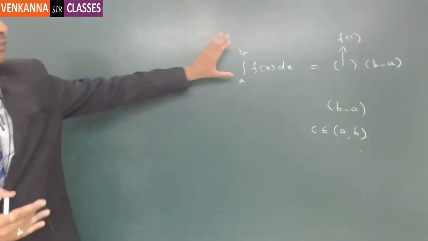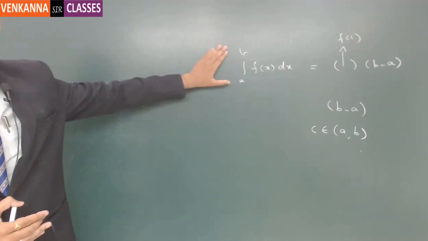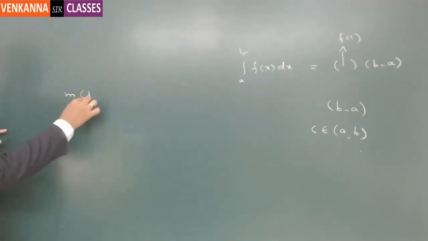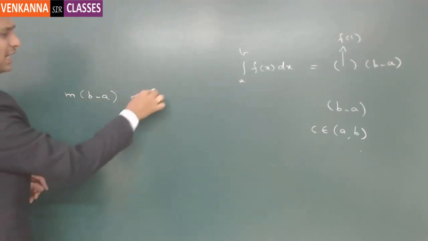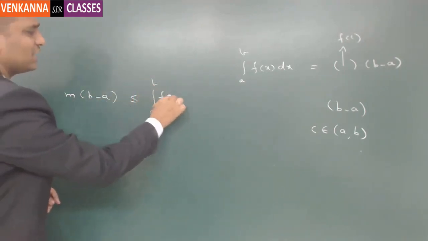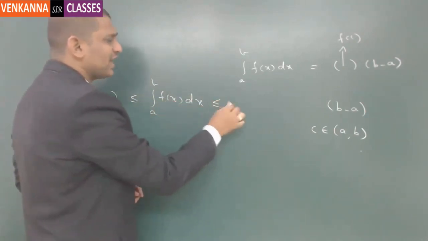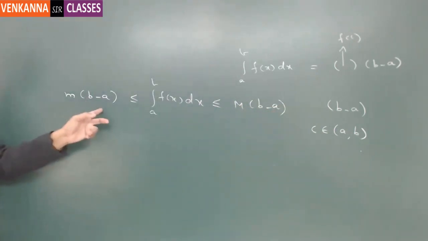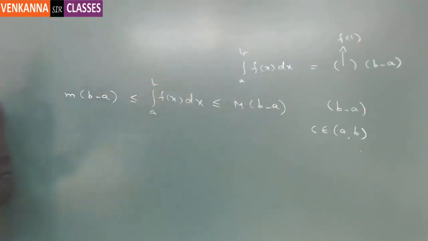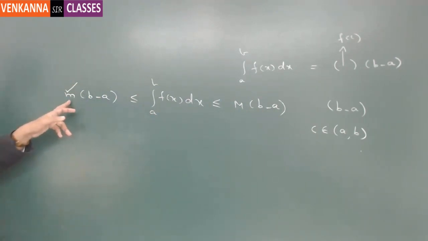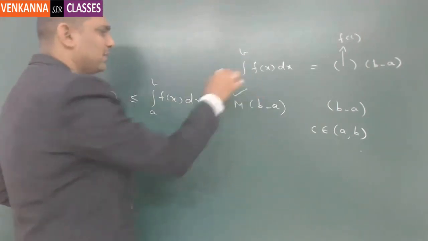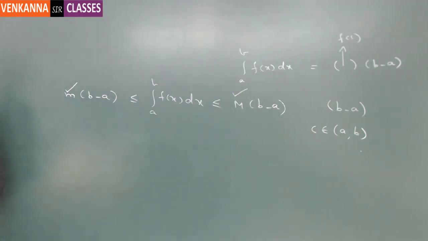However, before this mean value theorem illustration, there is one small result that whenever you calculate the definite integral value, its value is always between m(b minus a) and M(b minus a), where small m is the infimum of the function f and capital M is the supremum of the function f.